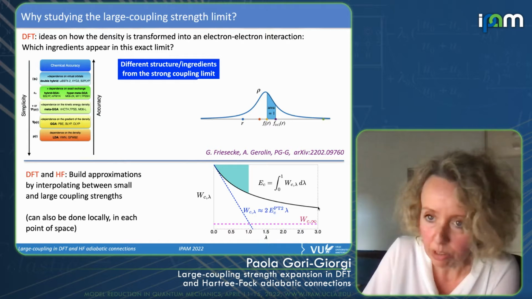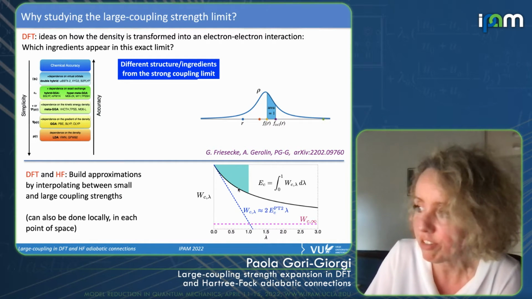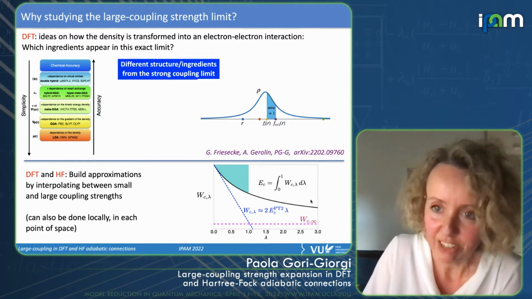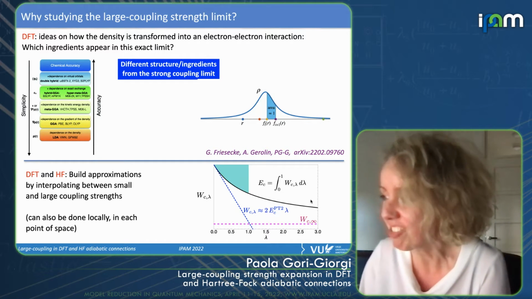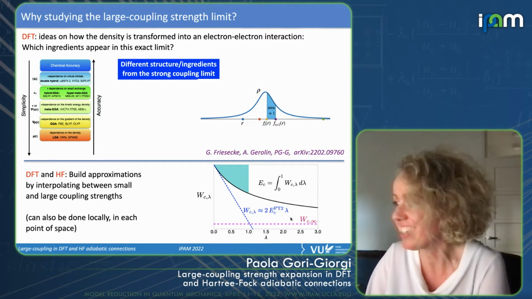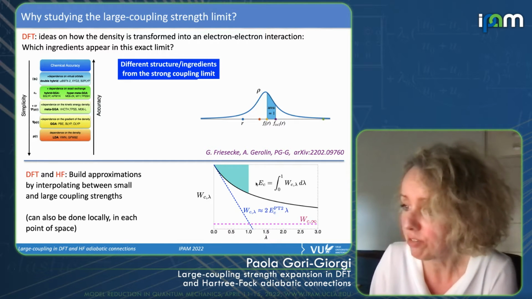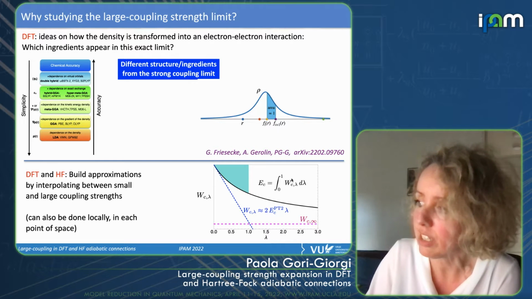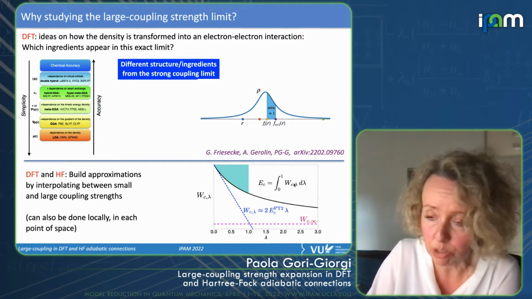So it will be, of course, an uncontrolled approximation because it will depend on the function you choose to interpolate between these two limits, but DFT is all about approximation, so somehow, somewhere you have to make choices and approximations. And so this is something I will focus on. And of course, this kind of interpolation, you can do it both on the integrated quantities, but you can do it also locally in each point of space.